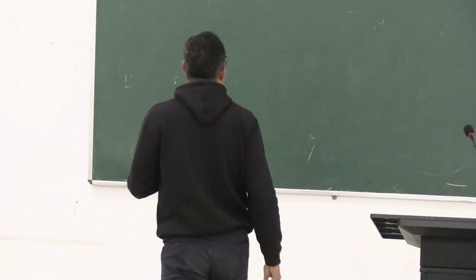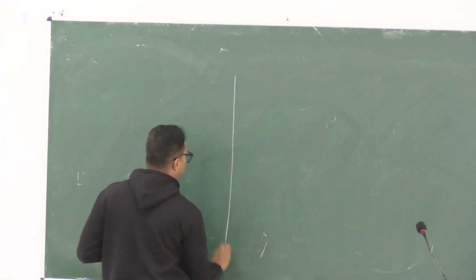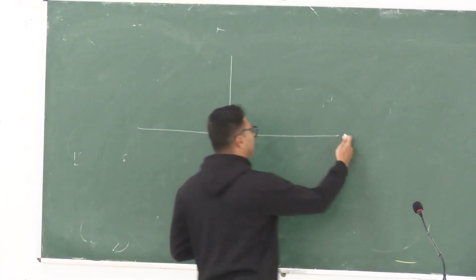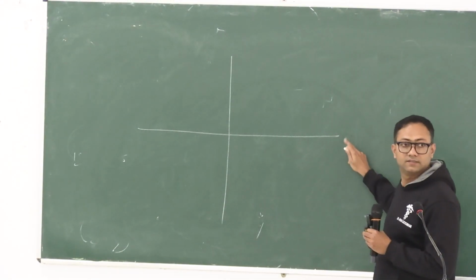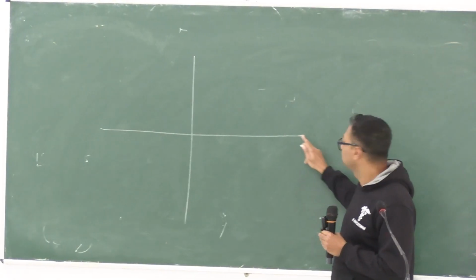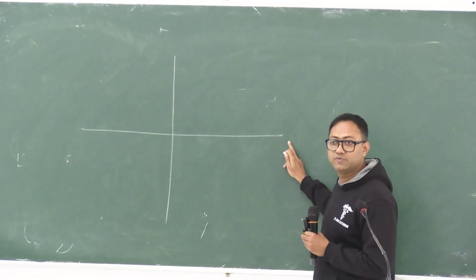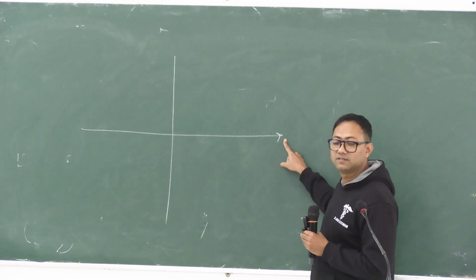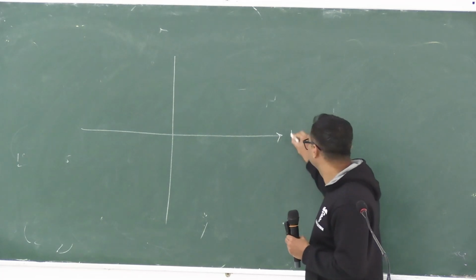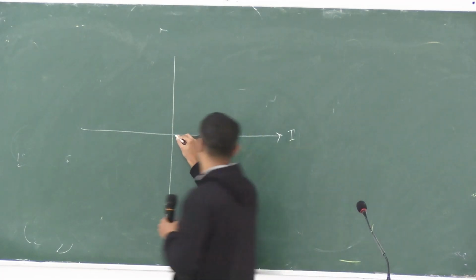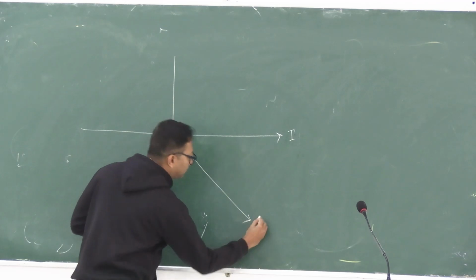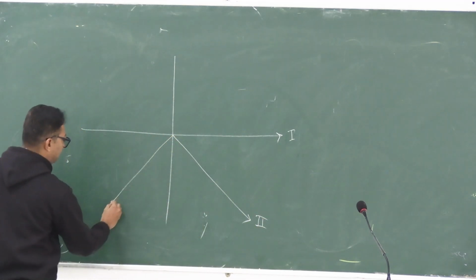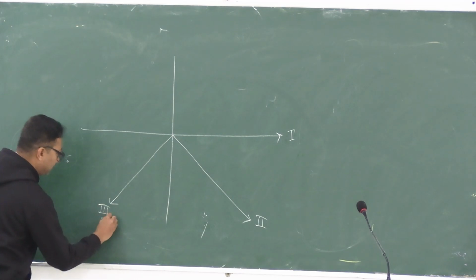Let me draw this. This is lead 1, this is lead 2, this is lead 3.